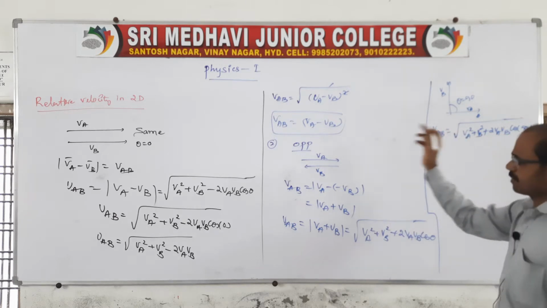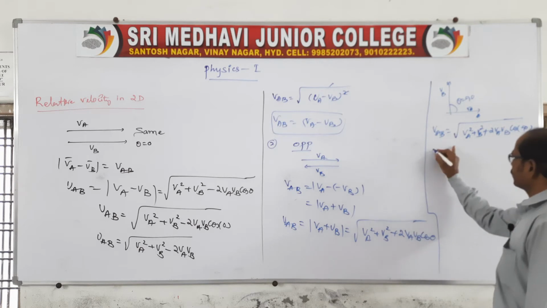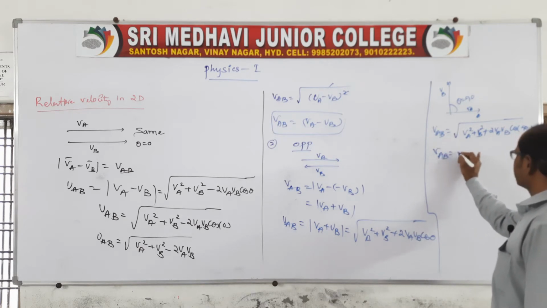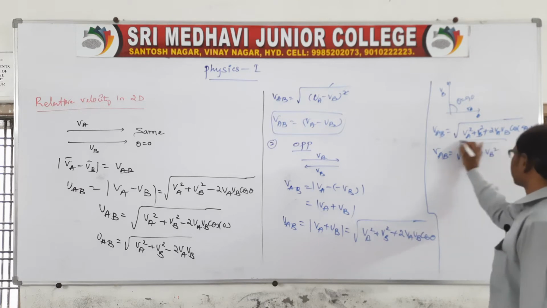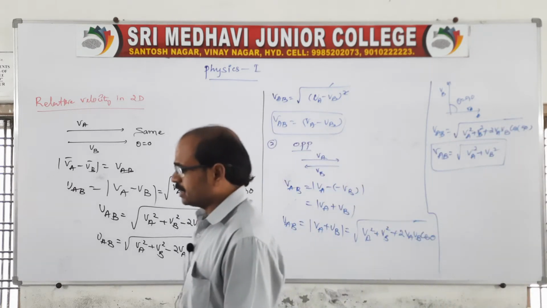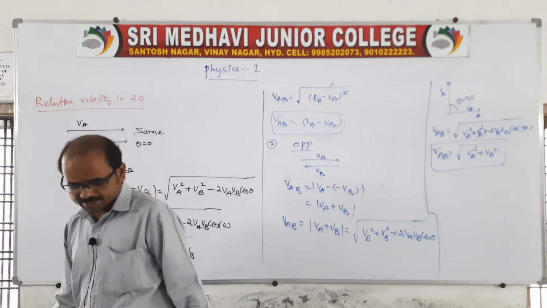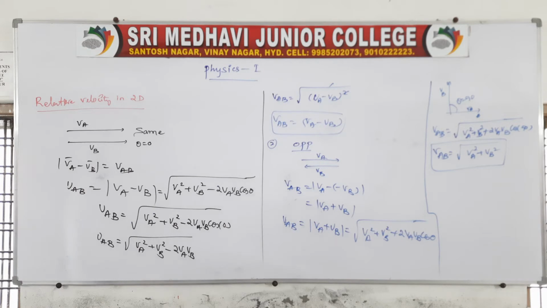Even if you write minus here, nothing will happen, because cos 90 is 0. Therefore, A with respect to B is root over VA square plus VB square. This is the relative velocity of A with respect to B in a two-dimensional plane.